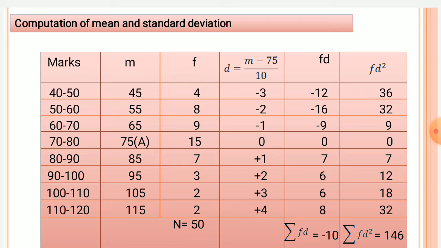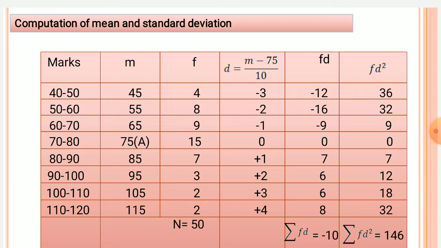And in the last column we have to make a product of fd and d. fd into d, fd square. Minus 12 into minus 3, 36. Minus 16 into minus 2, 32. Minus 9 into minus 1, plus 9. 0 into 0, 0. 7 into 1, 7. 6 into 2, 12. 6 into 3, 18. 8 fours are 32.